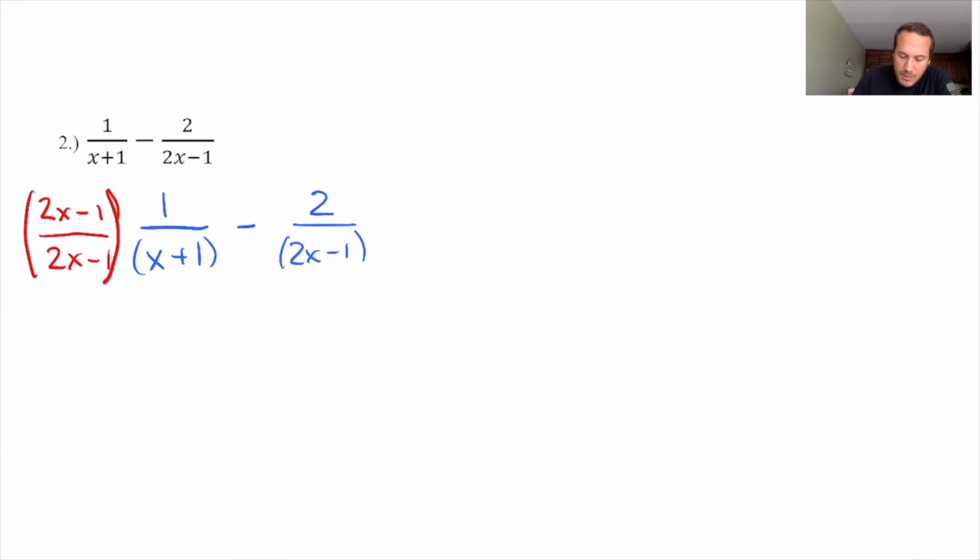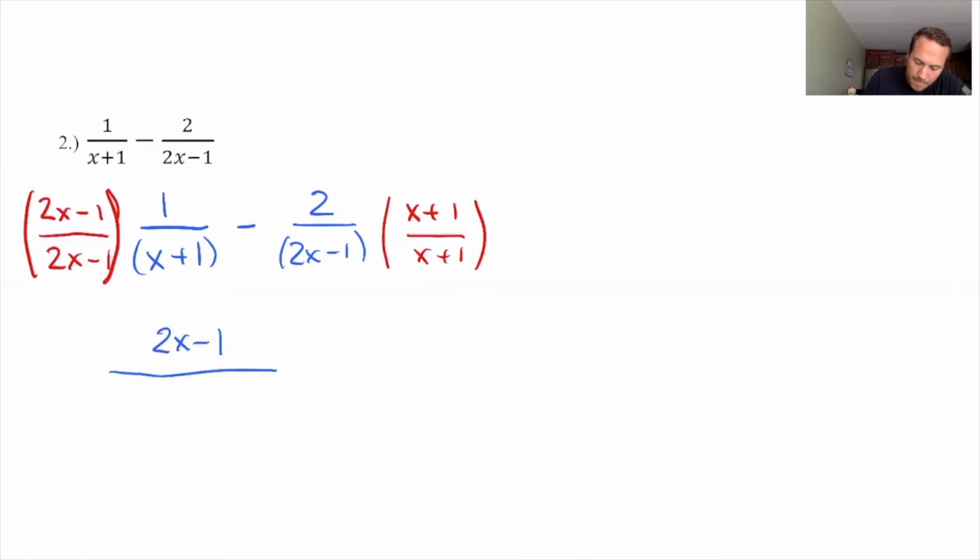Okay, what's missing in this one? I need to multiply both by x plus 1, x plus 1. Okay, so from there, let's see what we can do. 2x minus 1 times 1 is going to be 2x minus 1. This denominator is going to be 2x minus 1, x plus 1. I'm going to keep this minus sign.